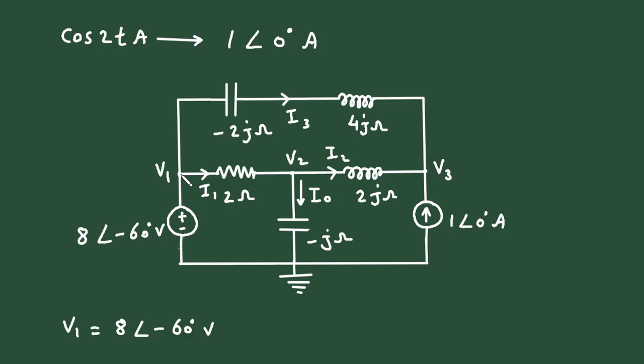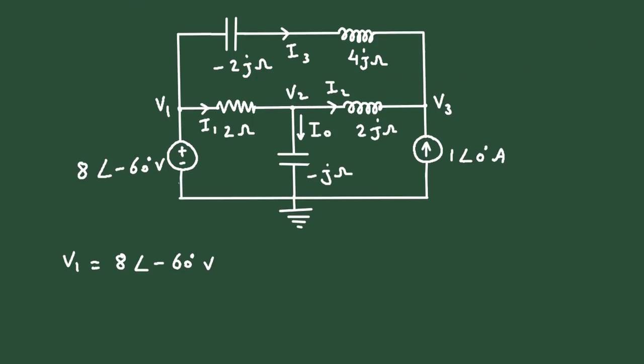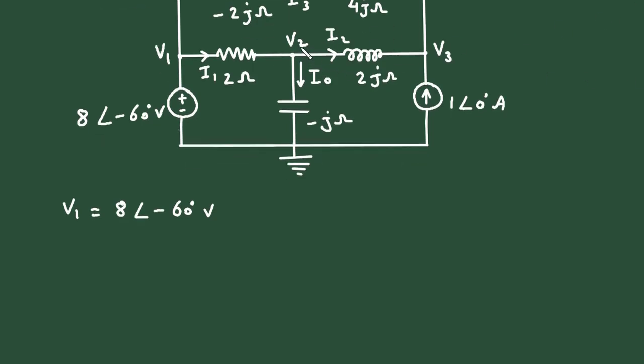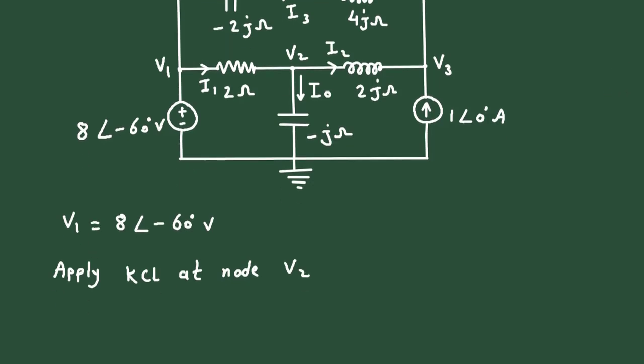Now next we will apply KCL at node V2. So according to Kirchhoff's current law, summation of all the currents entering a node is equal to summation of all the currents leaving the node.